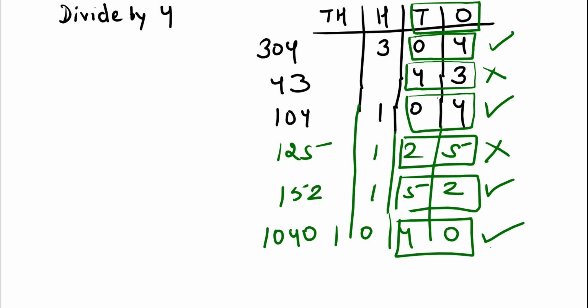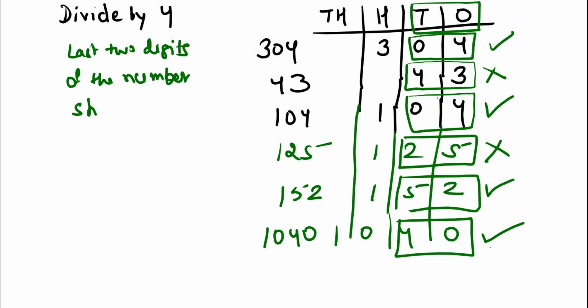Let's take a larger number, 1040. Is 40 itself in the table of 4? So it would be divisible by 4.